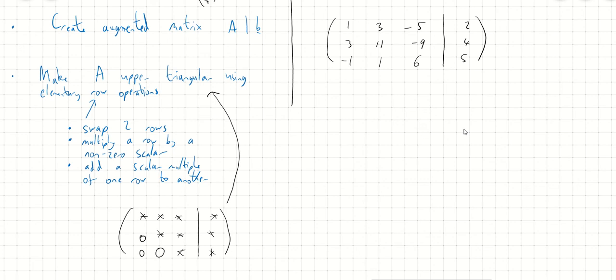Okay, and so what operations are we allowed to use? We're allowed to swap any two rows with one another. We're allowed to multiply one row by a non-zero scalar, or we're allowed to add a scalar multiple of one row to another. They're the only operations we're going to use. And the idea is we have to create these zeros in the bottom left corner, and there's a preferred order to do this.